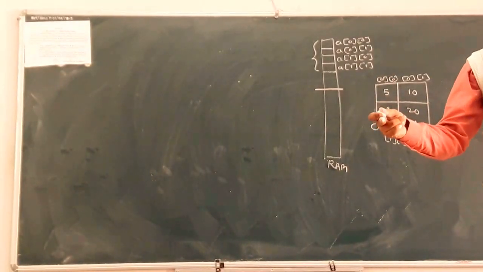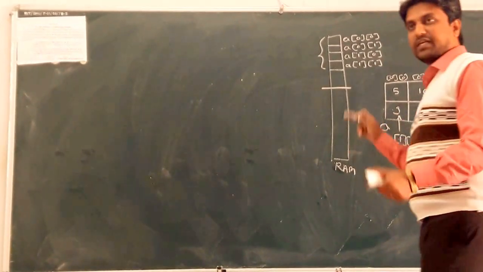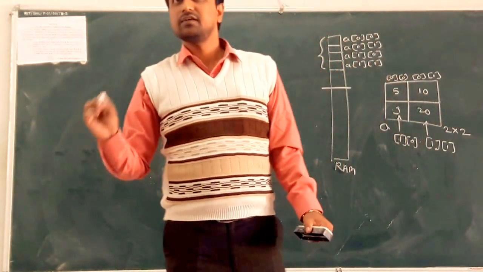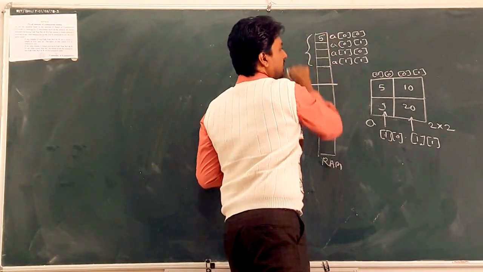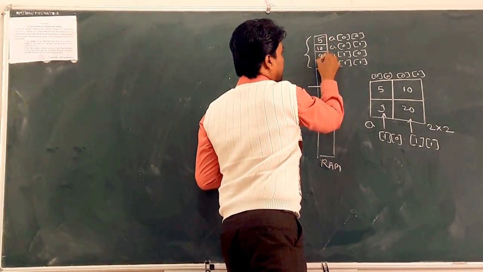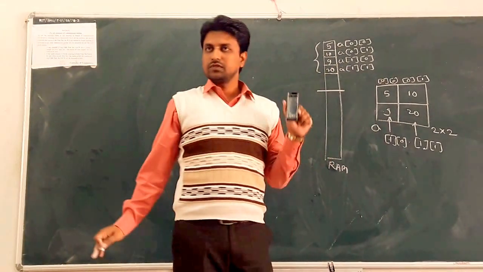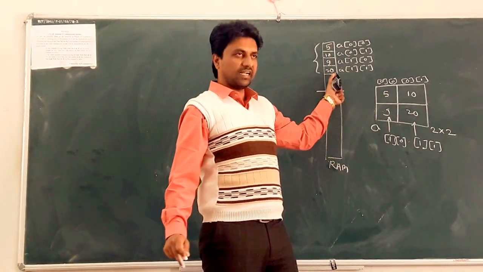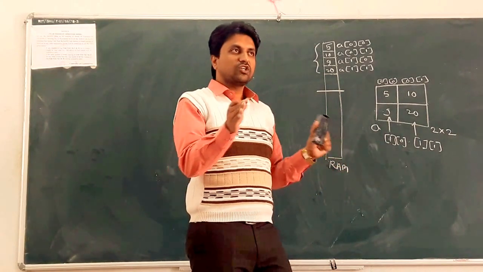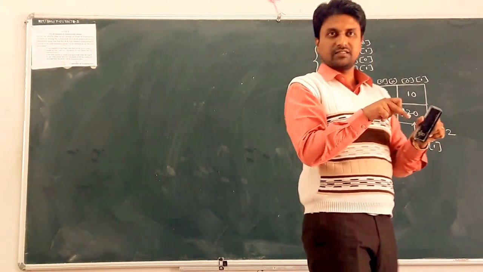Clear? Continuous memory locations. So the values are stored here, 5, 10, 9 and 20. These elements are actually inserted like that on the RAM. RAM is not divided into a matrix.